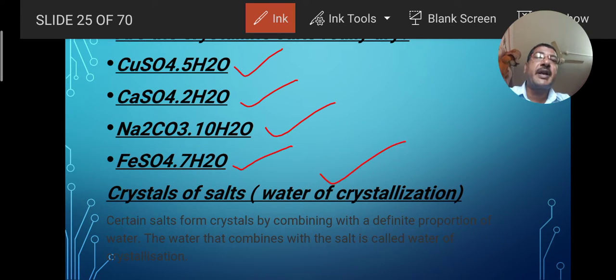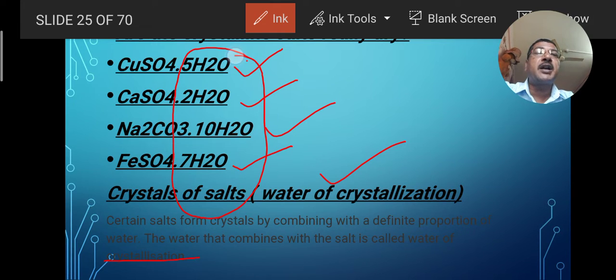Water of crystallization. Certain salts form crystals by combining with a definite proportion of water, and the water that combines with the salt is called the water of crystallization. Here you can see the water molecules attached to all of them.